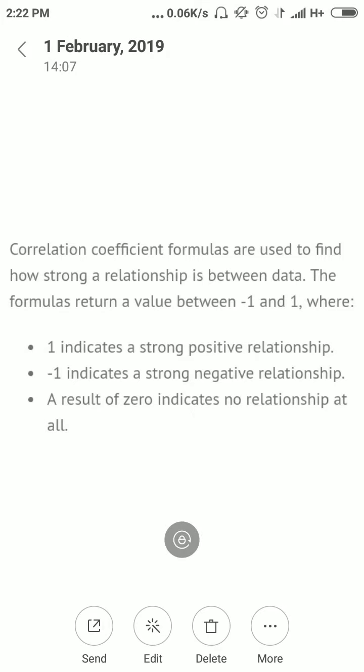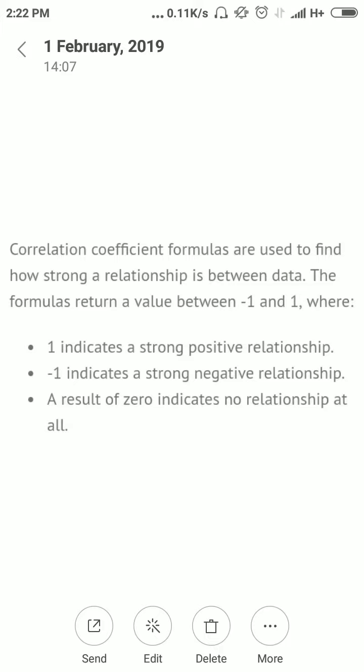This means that if the correlation is positive, if one variable increases, the other variable also increases. That is positive correlation. If one variable increases, the other variable decreases. This is negative correlation.